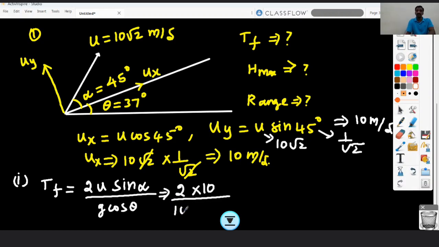So g value 10 into cos 45 degree, sorry, here the theta means the inclined surface angle, so that is 37 degree. So here we can write theta as 37 degree. So cos 37 degree, how to remember, sir? So cos 37 means here.